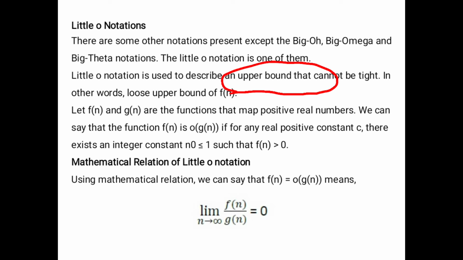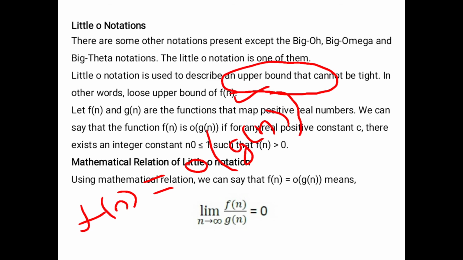So f of n is a function, and we write f of n equals small o of g of n. That is the little o notation function representation.